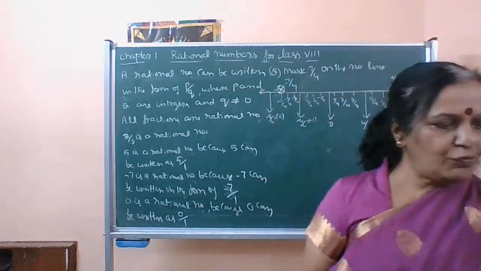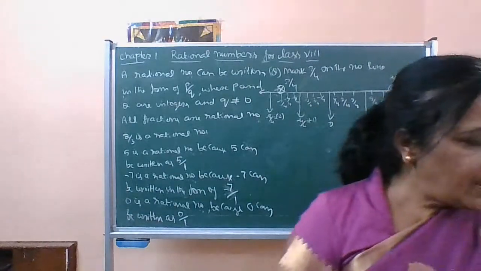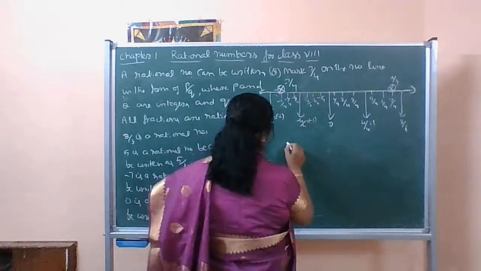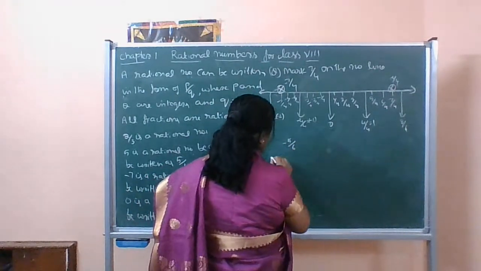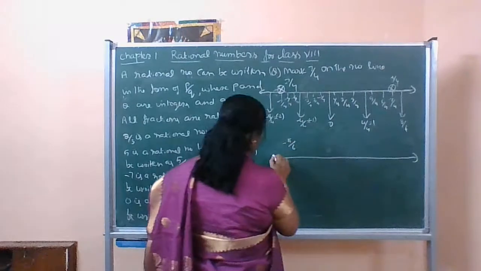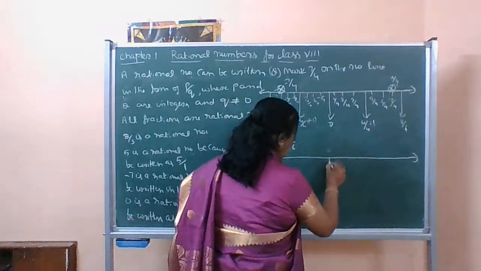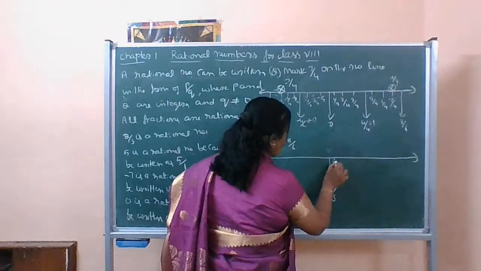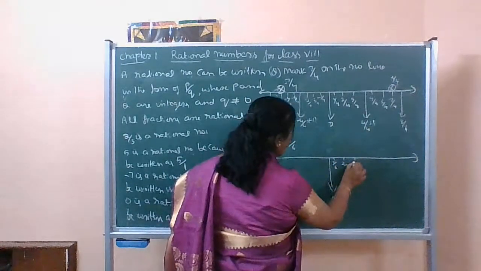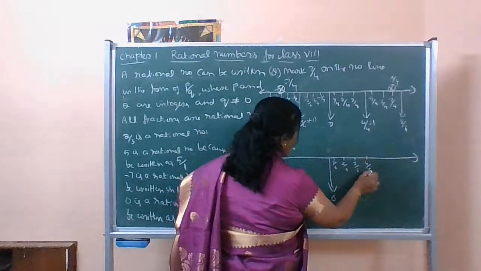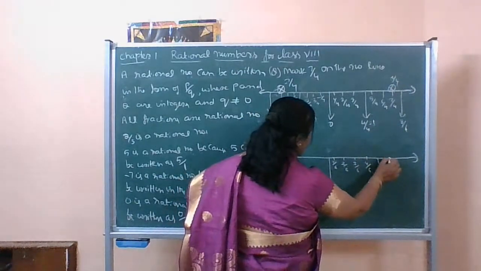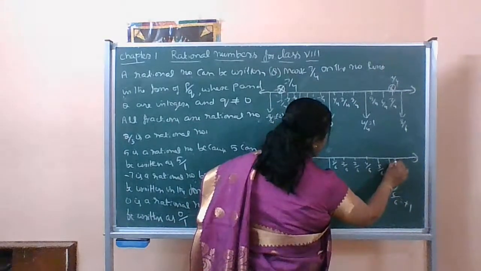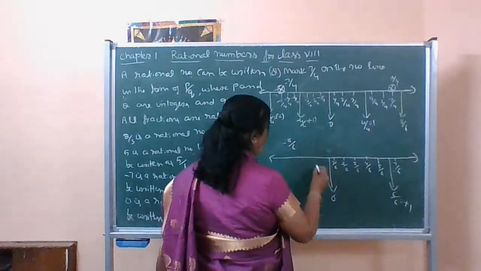And one more question from the textbook, that is minus 5 by 6. You have to draw a number line, and 0 is there in between. It is 1 by 6, 2 by 6, 3 by 6, 4 by 6, 5 by 6, and 6 by 6 is plus 1, and 7 by 6, like this it continues.